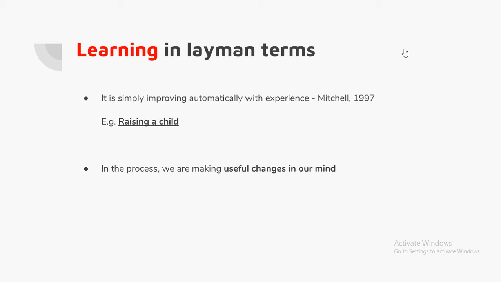So learning in lay terms is simply improving automatically with experience. The best example is how a child gets improved over time with his experiences and the feedback given by the guardians.